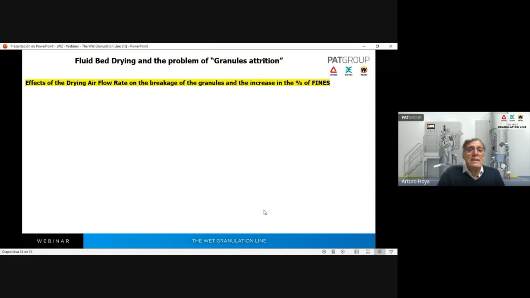another question is the effect of drying airflow rate on the breakage of the granules, because if you use a very big flow rate, the granules impact themselves, or the walls of the expansion chamber, or the filters, and this will produce an increase in fines, and we don't want fines, because more fines, less flowability.